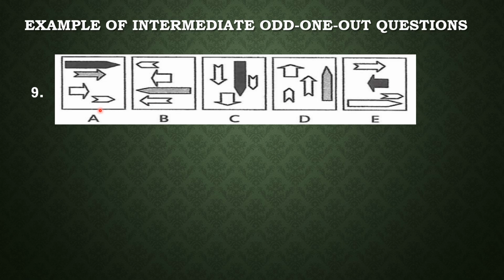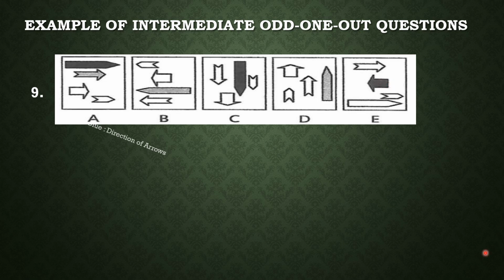But if we notice one thing, in some of the figures they are all pointing towards the same direction. So here it's pointing towards the right, all of them are pointing here towards left, then all of the arrows are pointing towards down. In option D, all of the arrows are pointing towards up, but in option E there are 3 arrows which are pointing towards right, and there is 1 arrow which is pointing towards left.